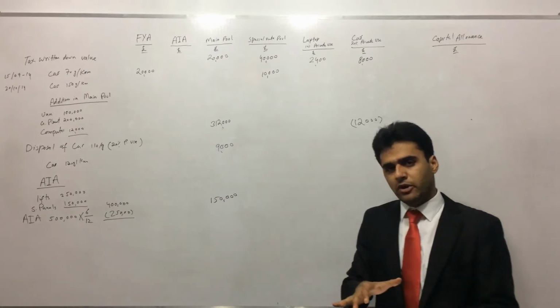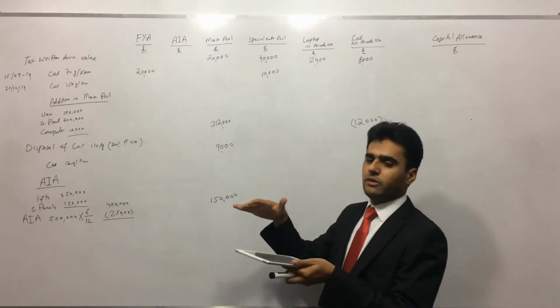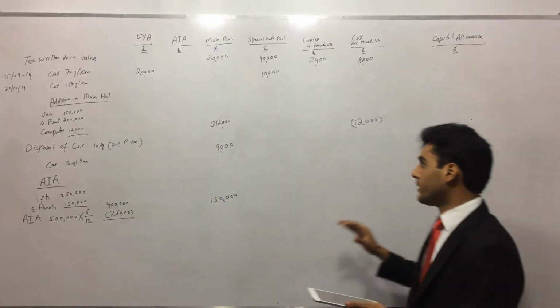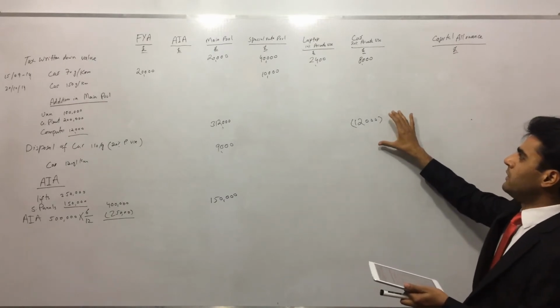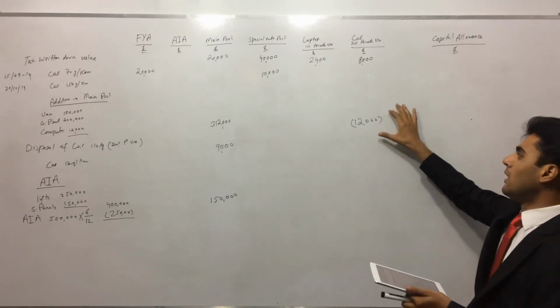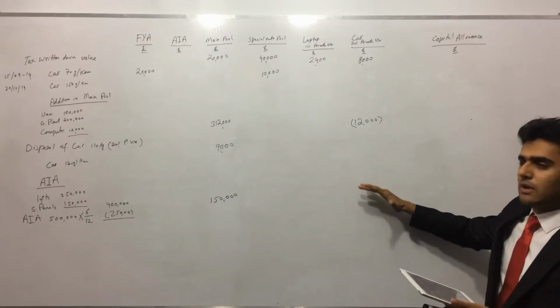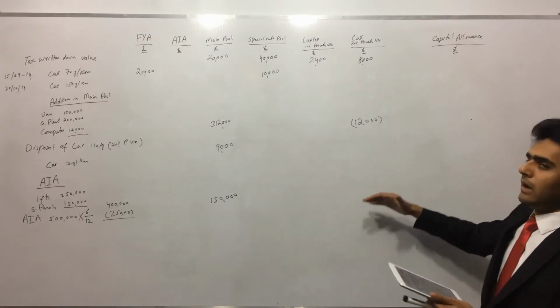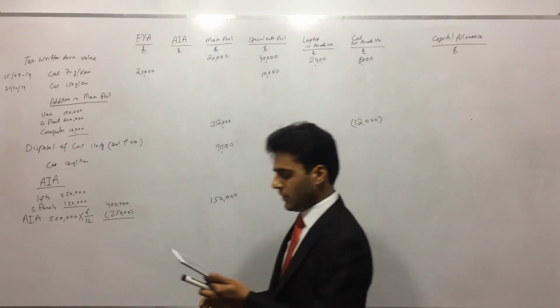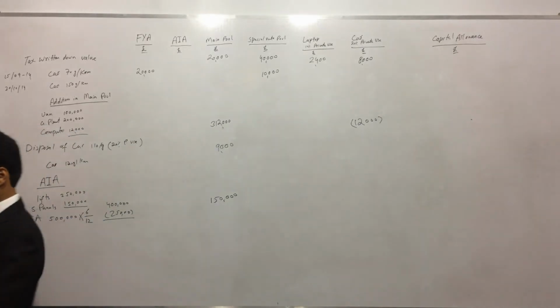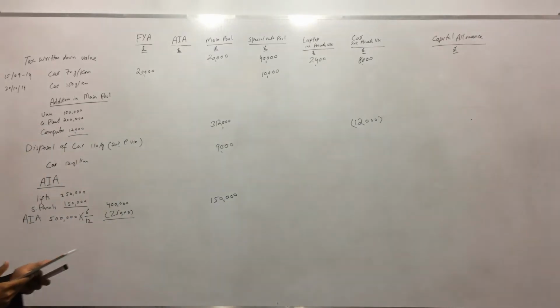When capital allowances are reduced, our profit will be increased and we will pay more tax. So because of this sale of 12,000 pounds, although it shows as negative, this negative will eventually increase our profits. All right? So that was it. We've already done each and every bit.